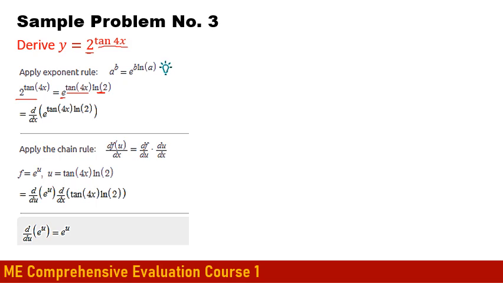And then we are going to derive it by applying the chain rule. So we have d over dx of e to the power of tan 4x ln 2. The chain rule is defined as follows, the same as what we obtained from the previous example. Applying the chain rule, our f is e to the power of u, because this is representing our whole equation.